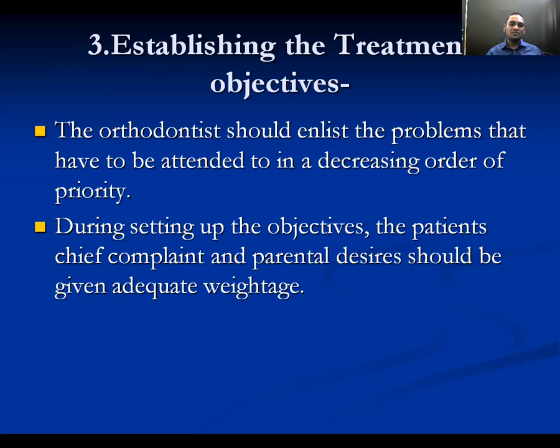Whatever complaint the patient has more, we have to treat first. Then we have to try to get a normal occlusion. During setting up the objectives, the patient's chief complaints and parental desires should be given adequate weightage. As I said, the weightage has to be given to the patient's chief complaint and their parents' desires.